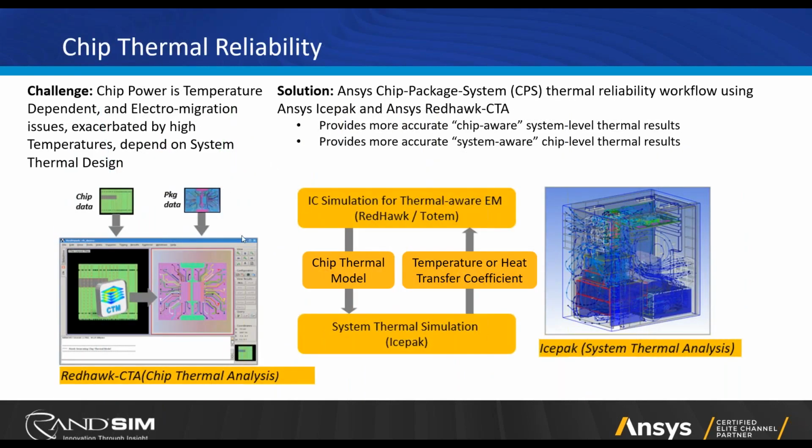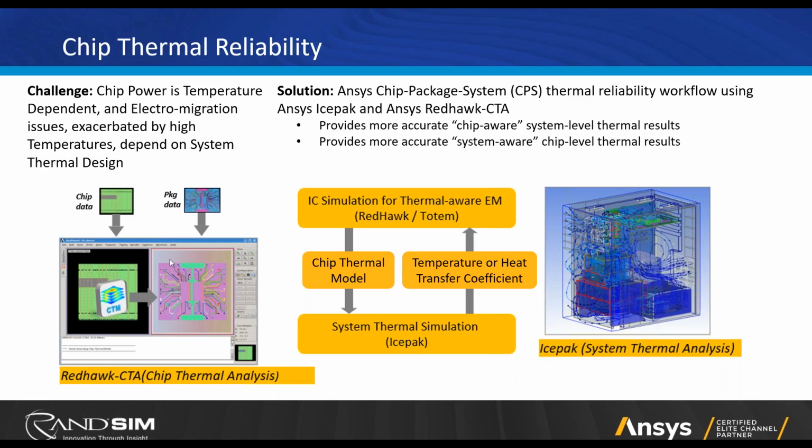So first we'll go into a little bit more about chip thermal reliability. We can do this through coupling with Ansys RedHawk, which is our die layout tool, which will simulate, of course, the semiconductor performing with your specified geometry.